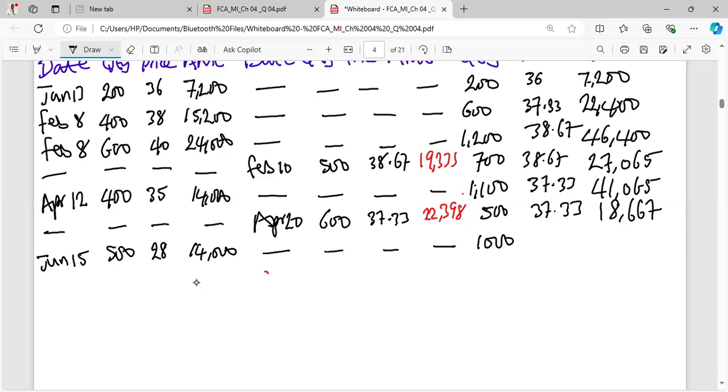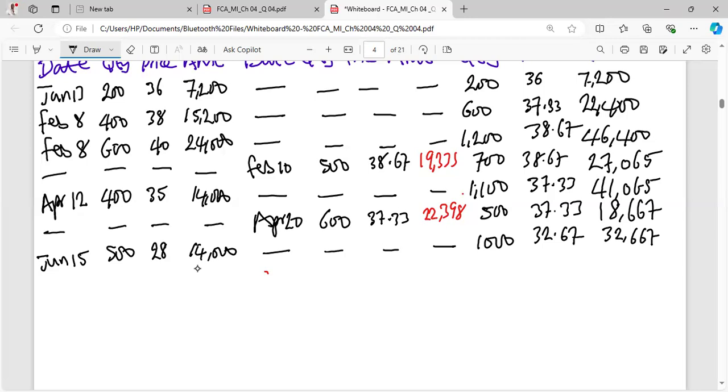So when we add 14,000 to this figure, $32,667. When we divide this figure by the 1,000 that we have here, $32.67. Okay.